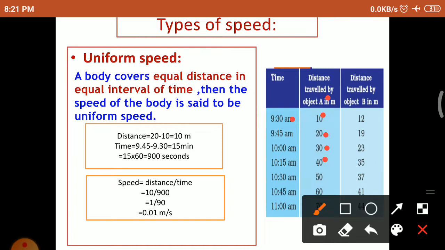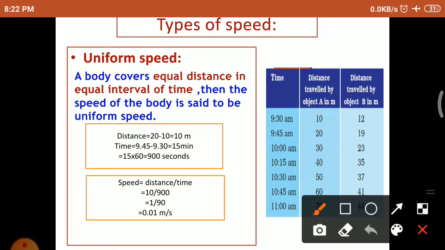And look at the time. 9:30 to 9:45, 15 minutes. 9:45 to 10, 15 minutes. So here the object A covers equal distance in equal intervals of time. When the body covers equal distance in equal intervals of time, then the speed of the body is said to be uniform. Here I prove that.